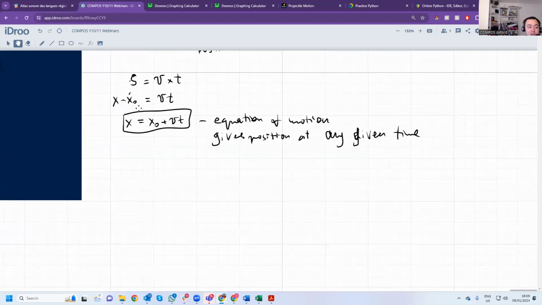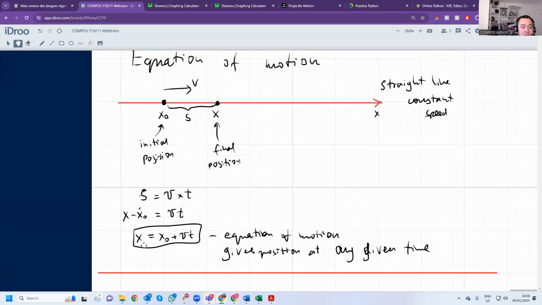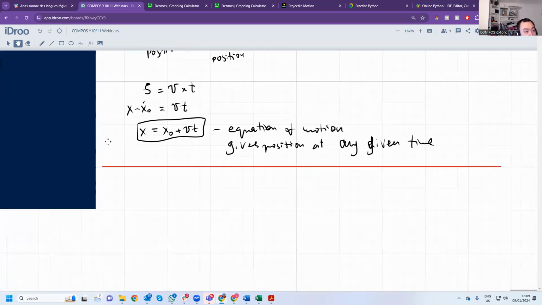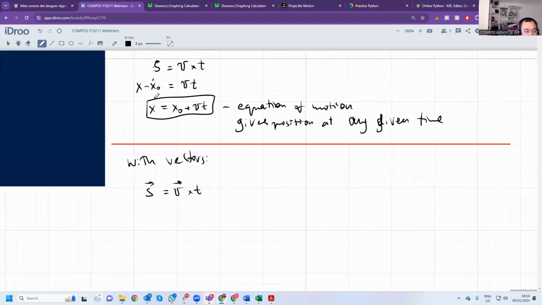The same thing is true if you work with vectors. So literally the same stuff, but now we are moving in a straight line, not necessarily along the x-axis. So with vectors, you have s vector is equal to velocity vector multiplied by time. And s is the change in position.